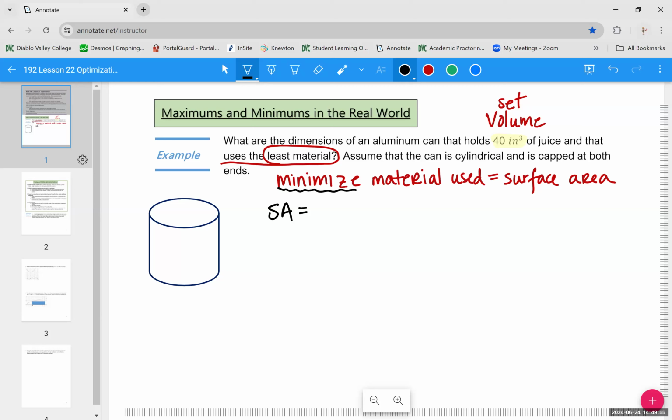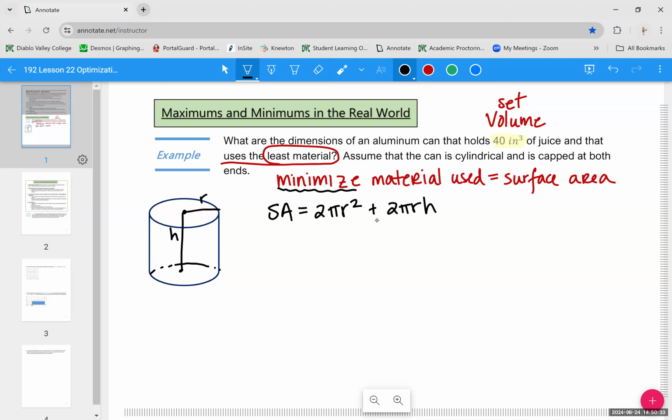So in terms of surface area, for a cylinder that has a particular height and a particular radius, the surface area will first be the areas of the two bases, which is the two circles. So 2 pi r squared will give us the area of the top and the bottom. And then the lateral surface area is the area around the outside of the cylinder. That is the circumference, 2 pi r, times the height.